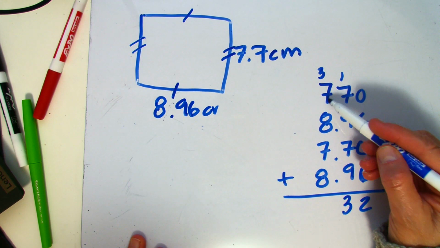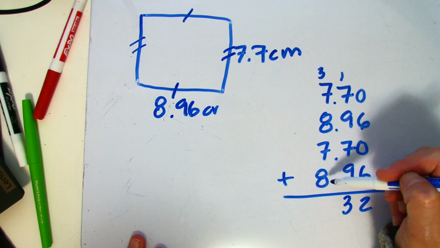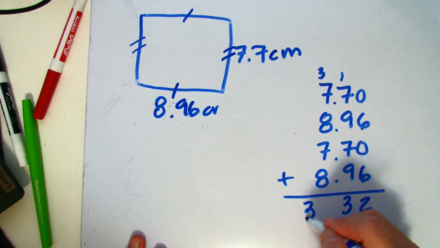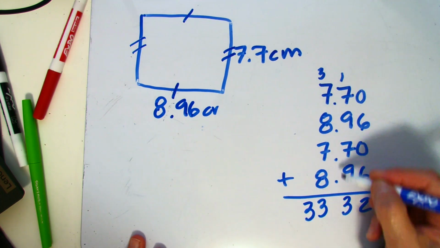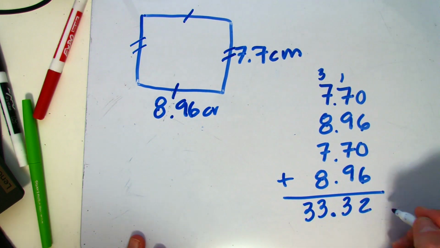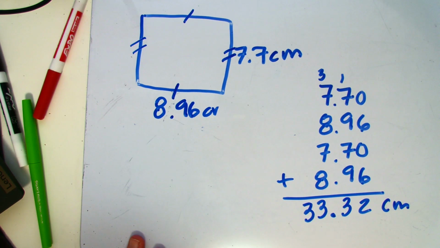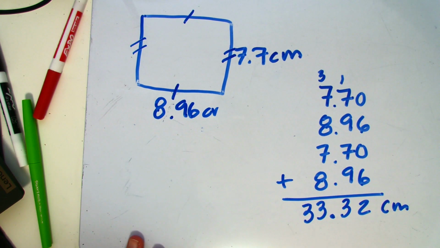That's going to be 10, plus 8 is 18, plus 7 is 25, plus 8 is 33. Now I want to make sure that I bring down that decimal point in the same location, and notice that I get the same answer as I did previously. So you have two ways to calculate the perimeter of a rectangle.